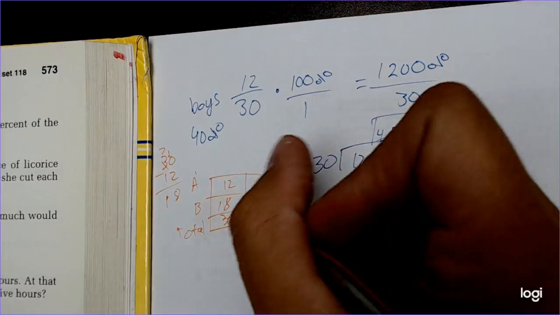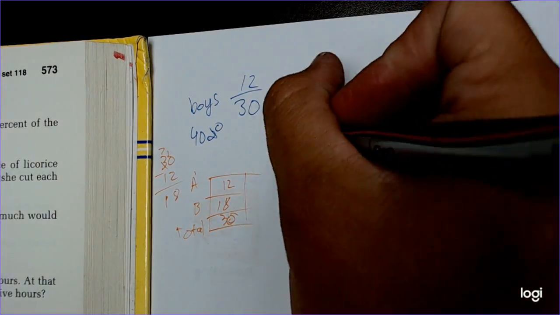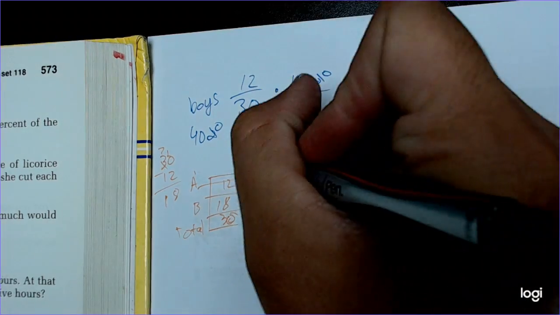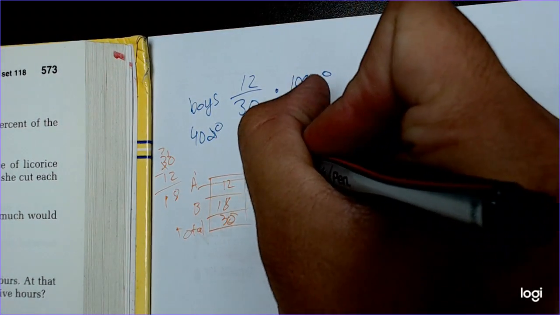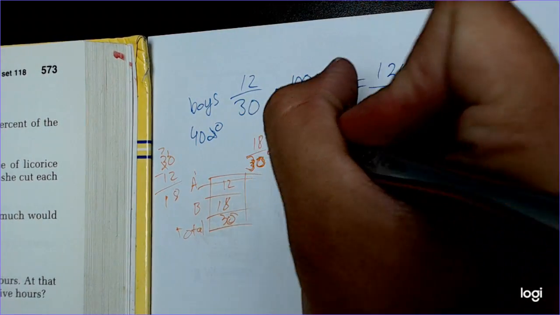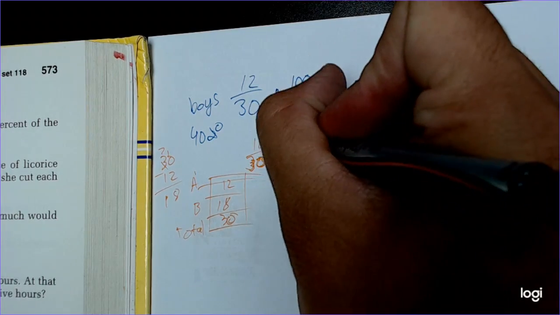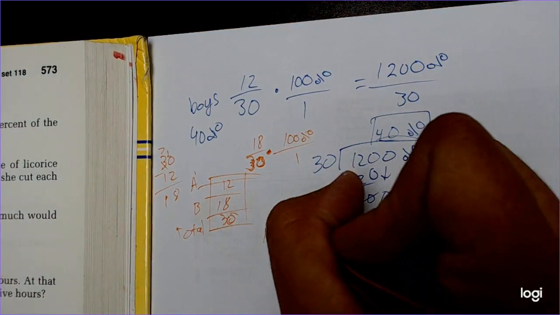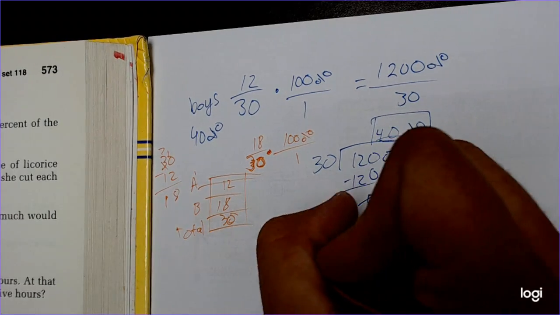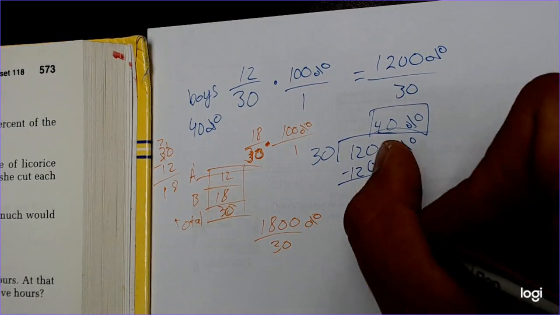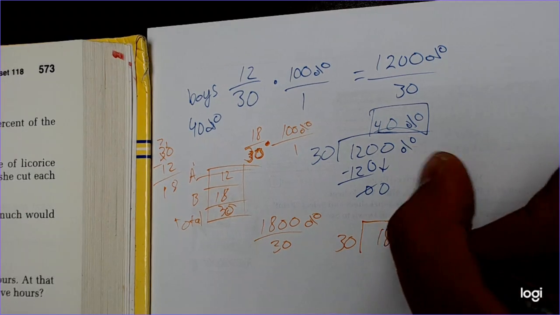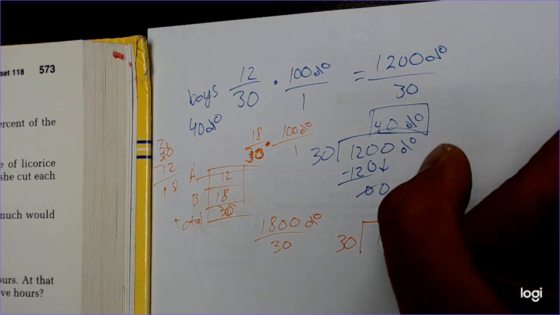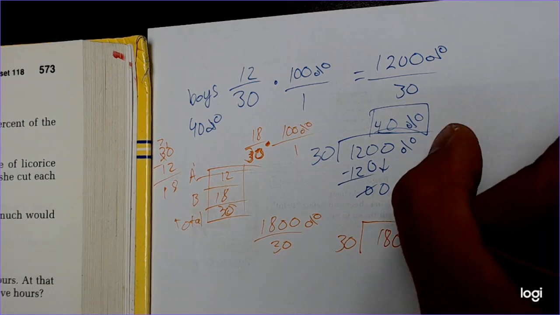So the fraction for girls wouldn't be 12 over 30, it would be 18 over 30. Now I need to take 18 over 30 and multiply that by 100%. That gives me 1800% over 30. Now I have to use a division problem. 30 goes into 1800%. 30 will go into 180 6 times.